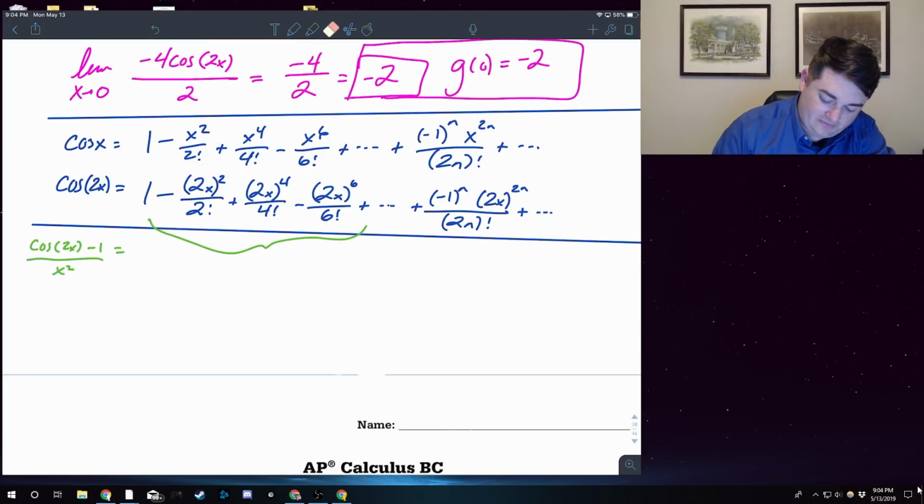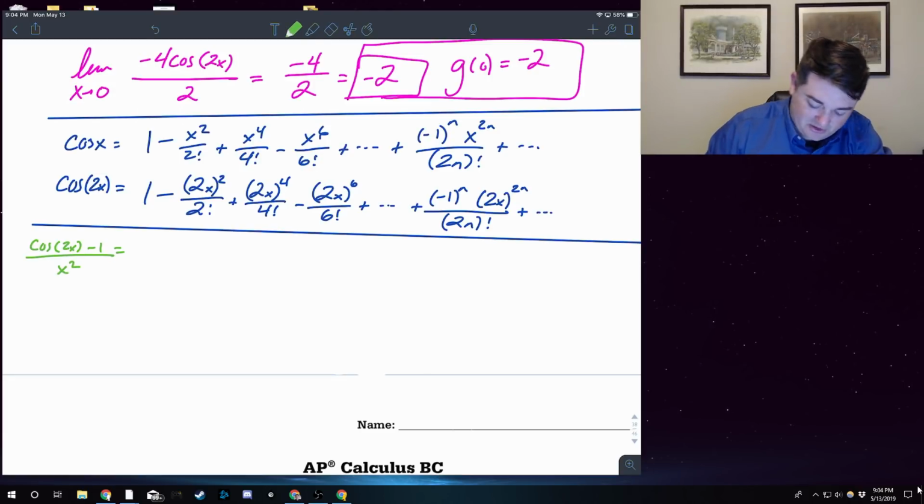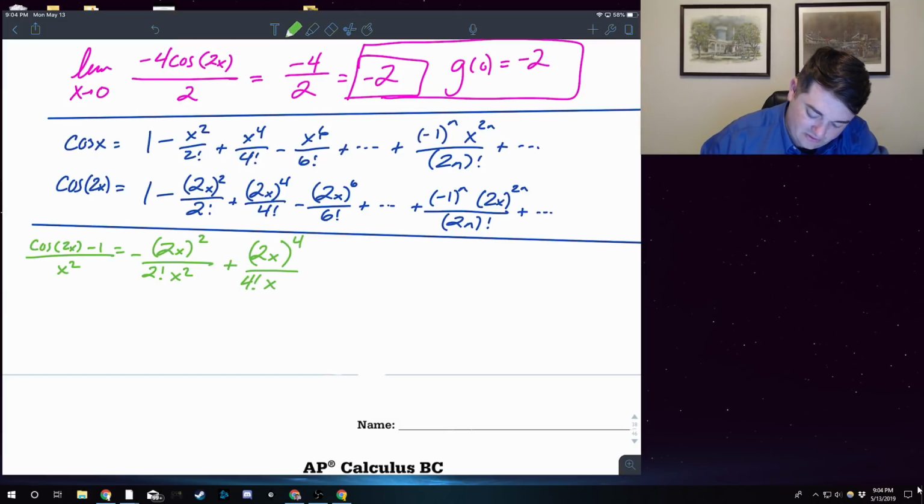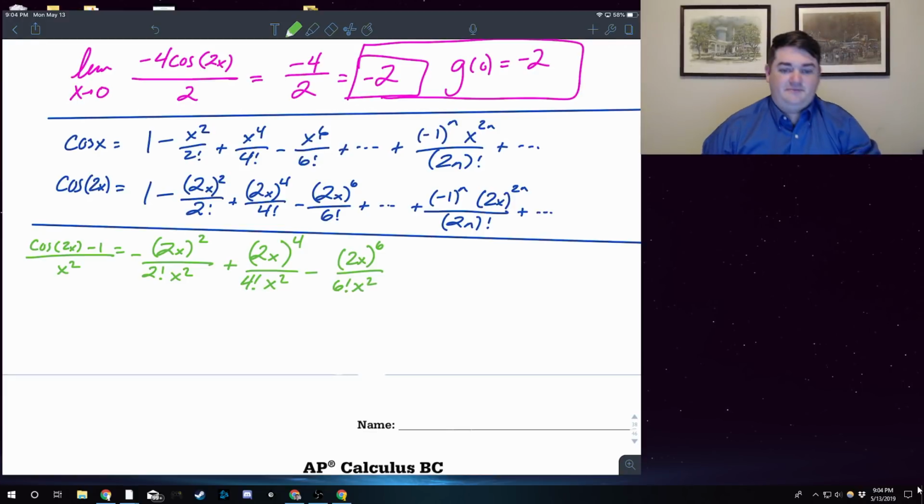So the first 3 non-zero terms are going to look like this. 2x squared over 2 factorial times x squared plus, that should have a negative in front, 2x to the 4th over 4 factorial times x squared minus 2x to the 6th over 6 factorial times x squared plus dot dot dot.